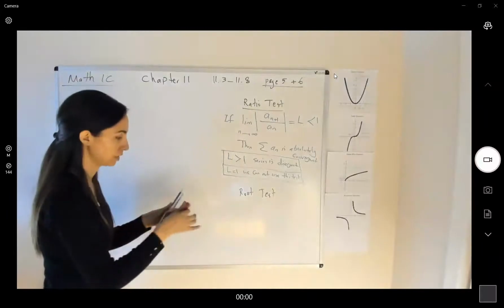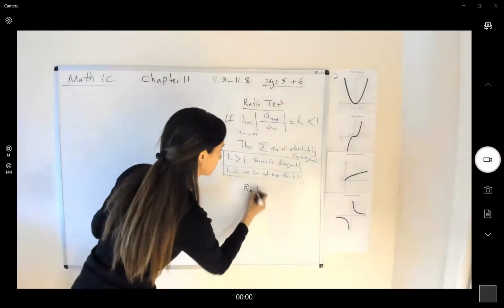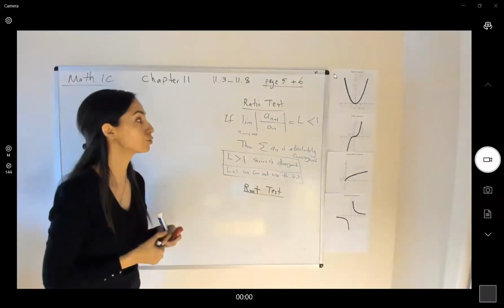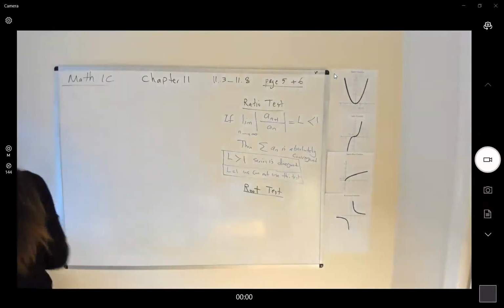Now the ratio test, and then the root test. For the root test, you take the nth root of your general term.